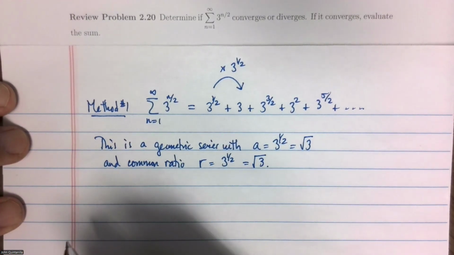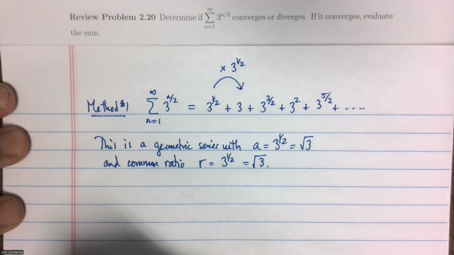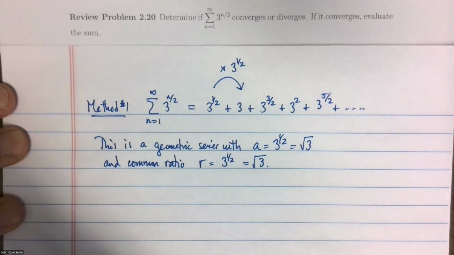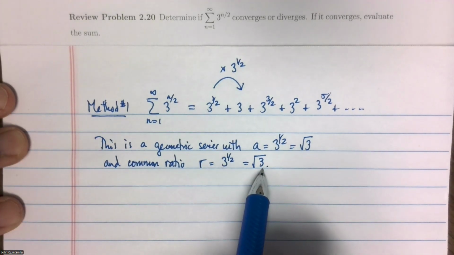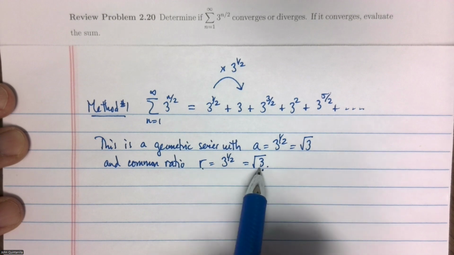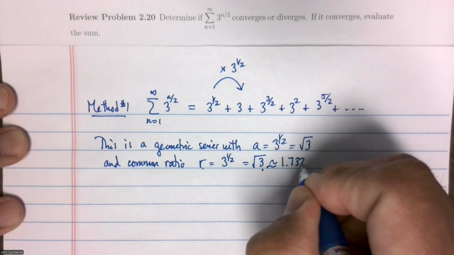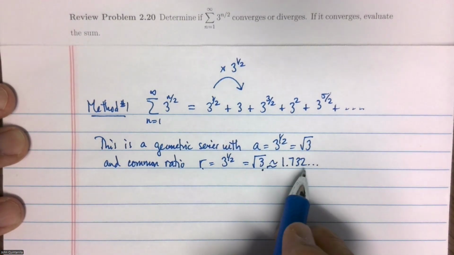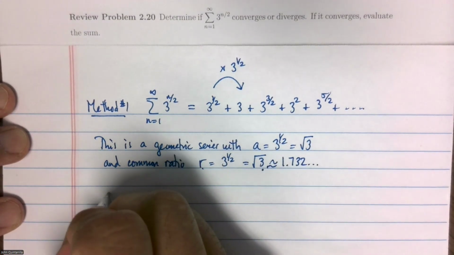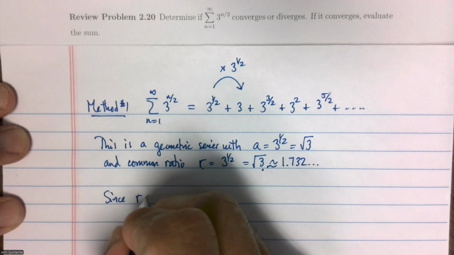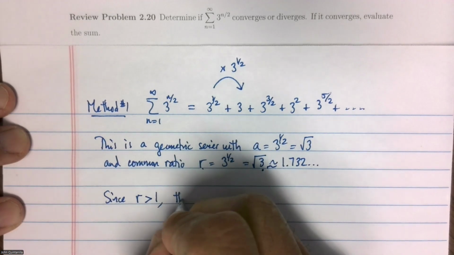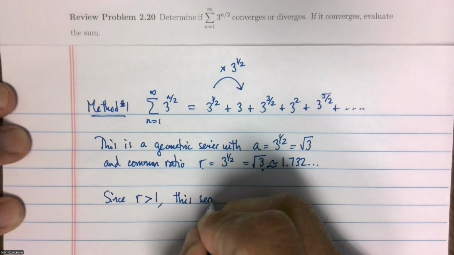And so I have a formula for finding the value of an infinite geometric series if the common ratio is between -1 and 1. However, the common ratio here is something like 1.732. It is bigger than 1. And so since the common ratio is greater than 1, this series diverges.